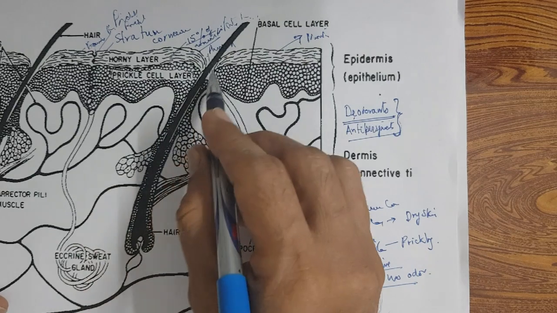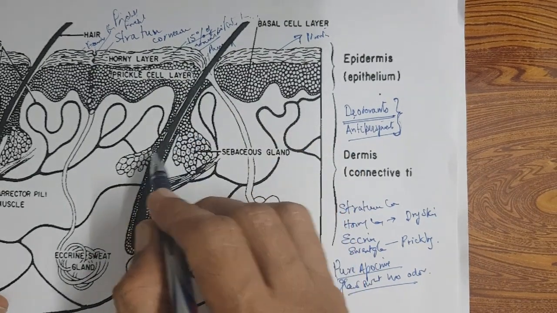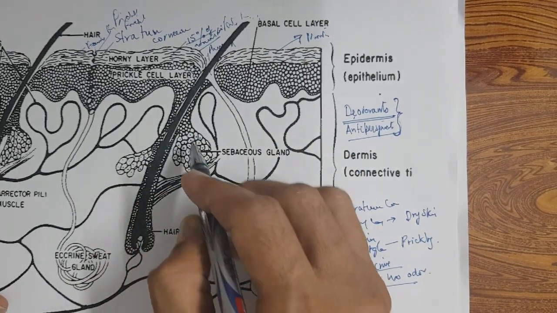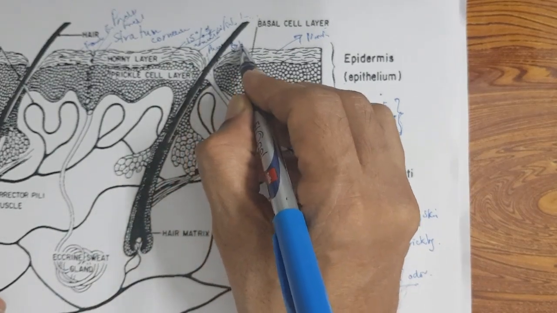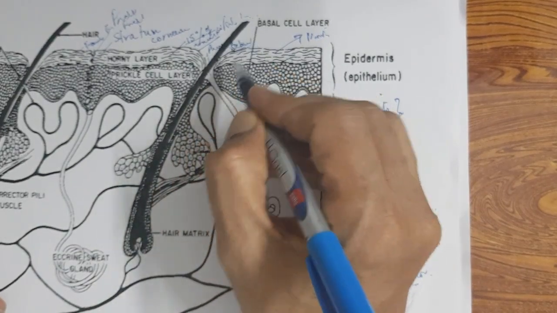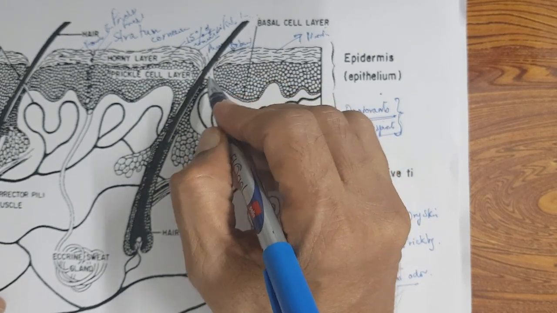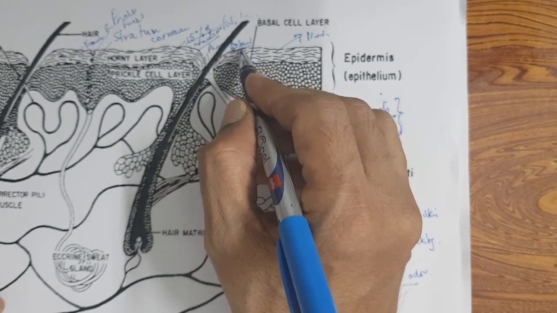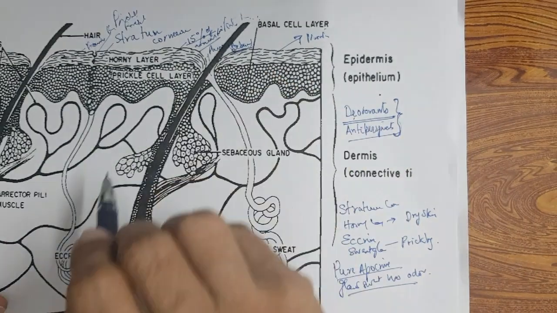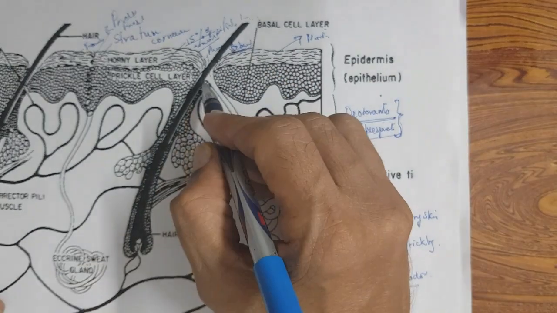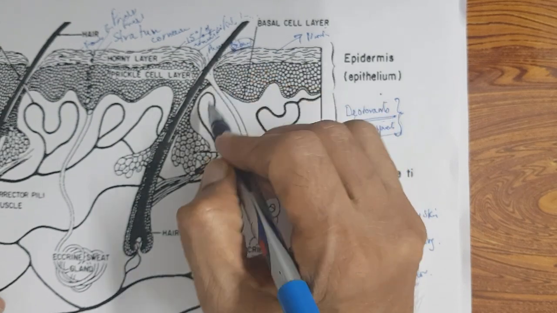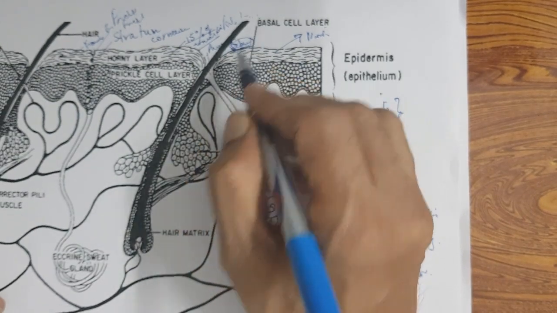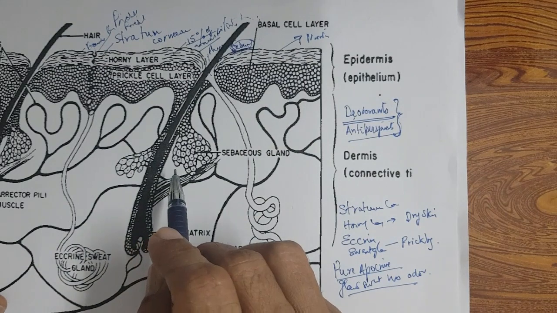Every hair follicle is associated with sebaceous glands. Sebaceous glands secrete sebum. Excess secretion of sebum causes oily skin. If the sebum is continuously secreted, it's okay.